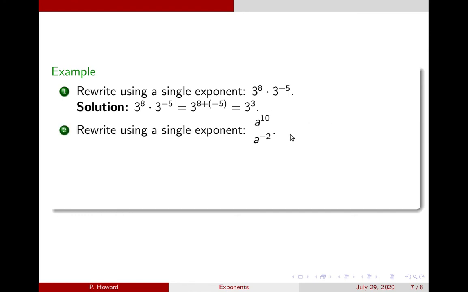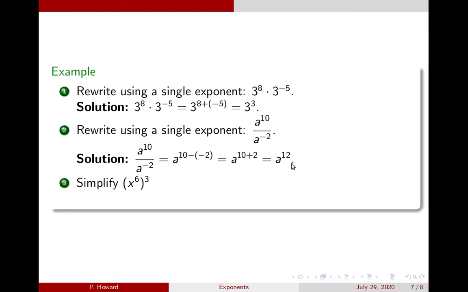Same kind of problem. This is law number 3. When you divide 2 powers of a, you can subtract exponents. So a to the 10th over a to the minus 2 is a raised to the power 10 minus minus 2. 10 minus minus 2 is 10 plus 2, and so the final answer is a to the 12th.